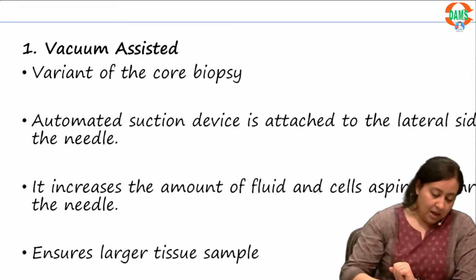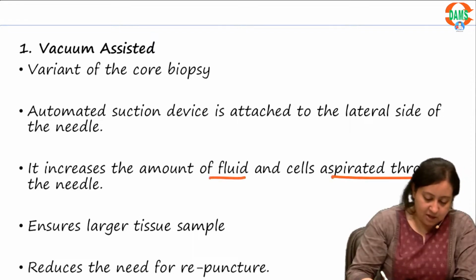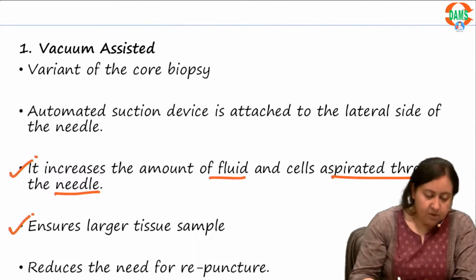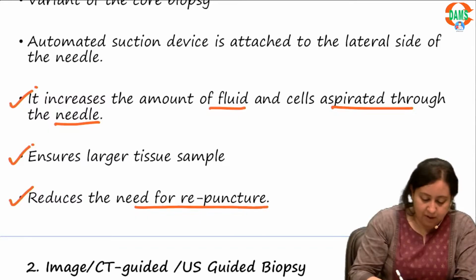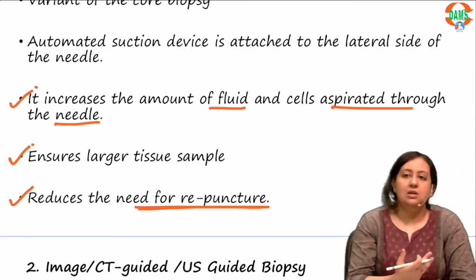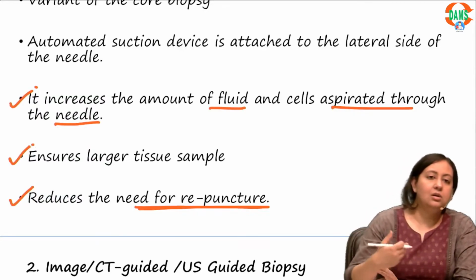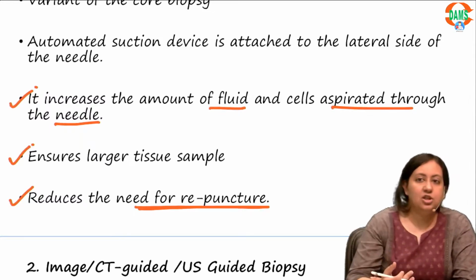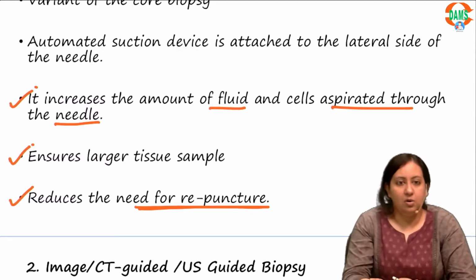It increases the amount of fluid and cells aspirated through the needle. It ensures a larger sample, and it reduces the need for repuncture. So with vacuum assisted, it saves you another chance of going inside and harvesting the tissue again, because in one go it harvests a larger amount of tissue.